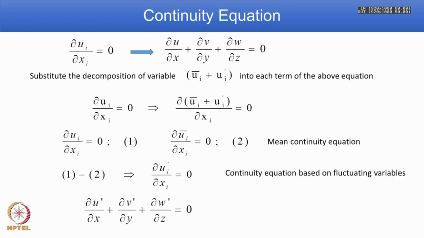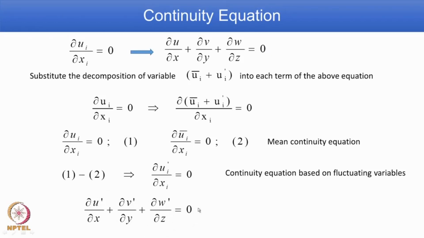In the expanded form, you write ∂u'/∂x plus ∂v'/∂y plus ∂w'/∂z equal to 0. Look at this equation, the initially written continuity equation and the finally written continuity equation.